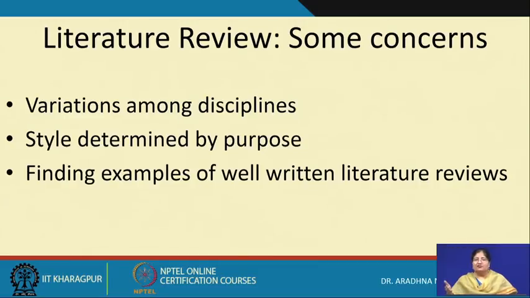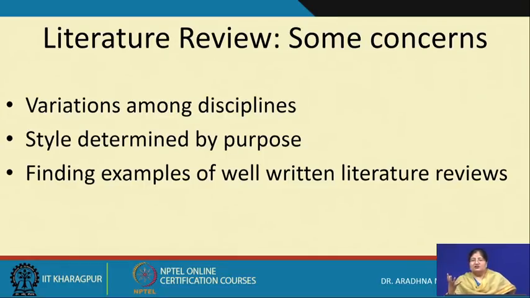So when you're reading different kinds of literature, you may want to draw upon literature from various journals written in various contexts, but the style will be determined by the purpose.